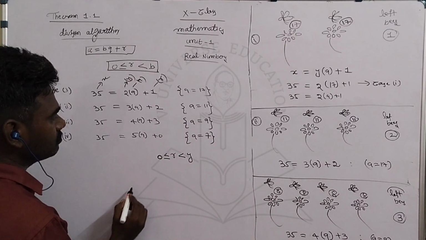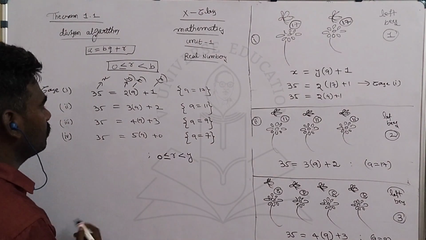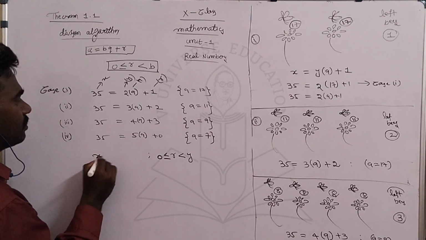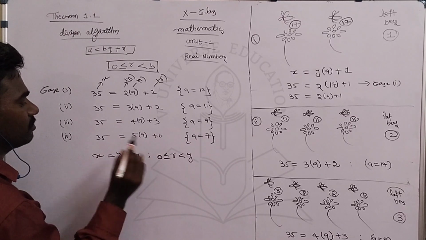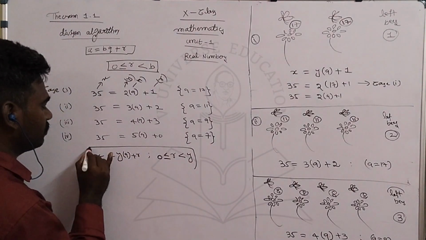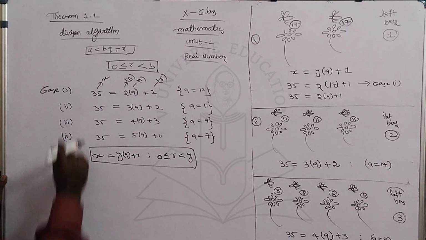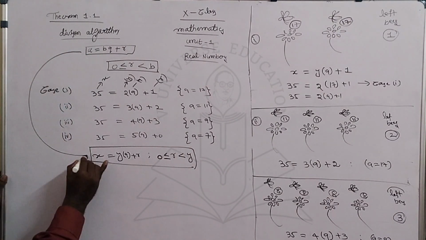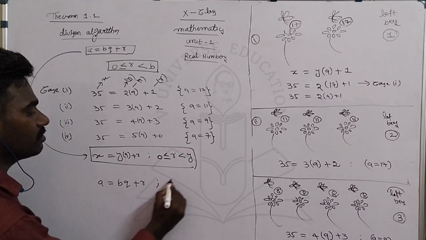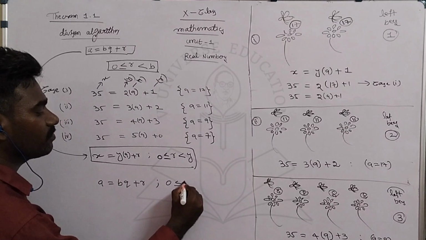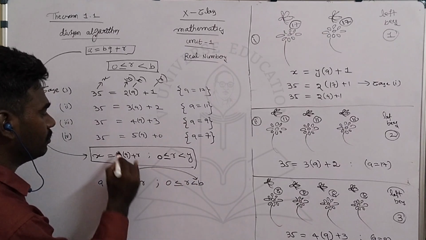Here it is 0, so greater than or equal to 0. This format is nothing but X is equal to Y into A plus R. This is the condition. This is nothing but the division algorithm, which we write as A is equal to BQ plus R. The condition is R is greater than or equal to 0 and less than B, this B being the Y here.